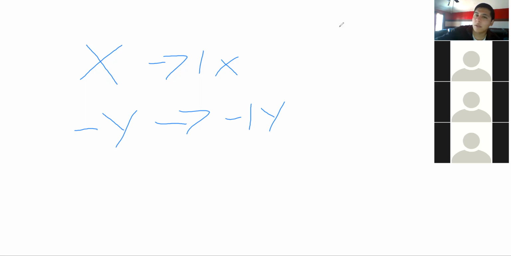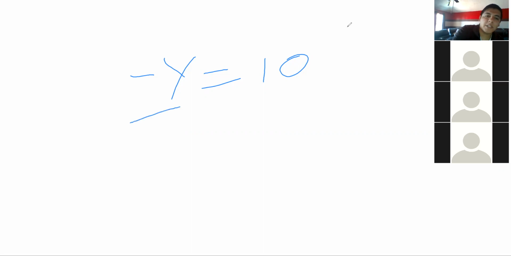And now, let's say I had -y equals 10. Would that be the correct answer? No. Why is that? Because -y is still -1y. Right, so we need to get rid of that negative, okay? We need to make it a positive.